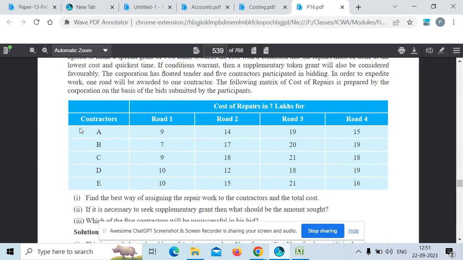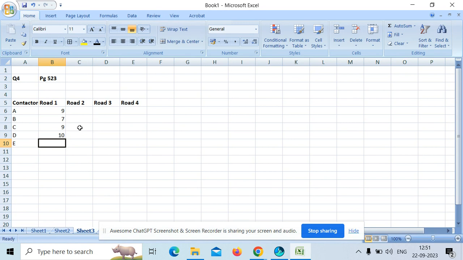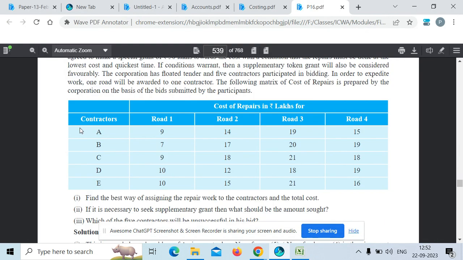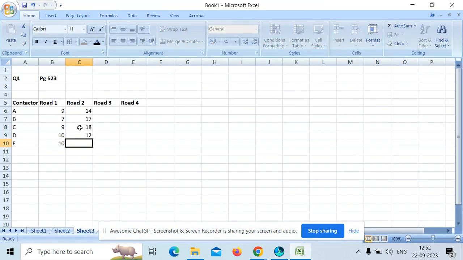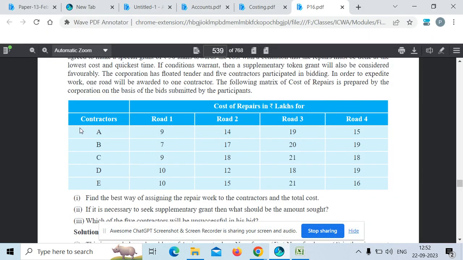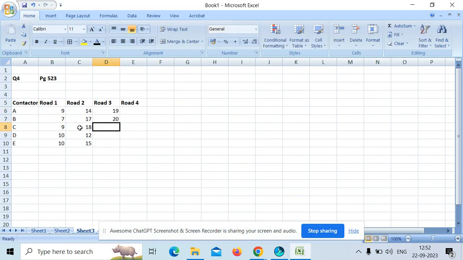9, 7, 9, 10, 10. Then we have 14, 17, 18, 12, 15. Then we have 19, 20, 21, 18, 21.